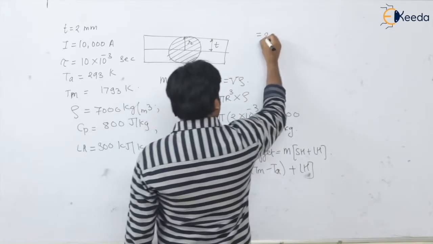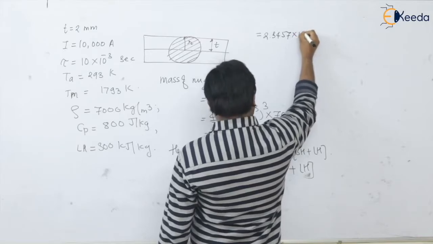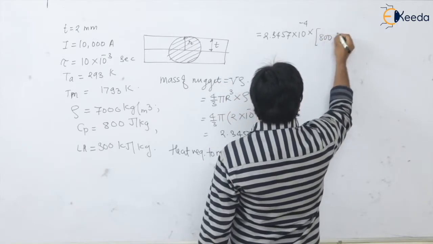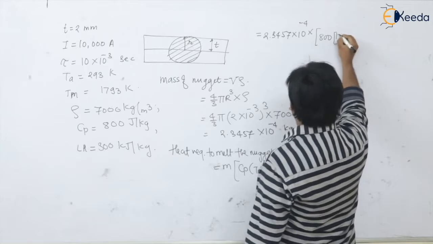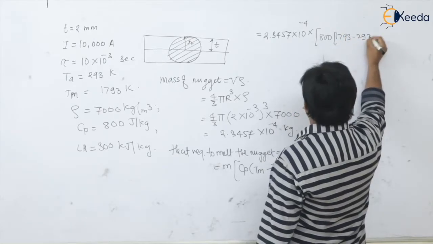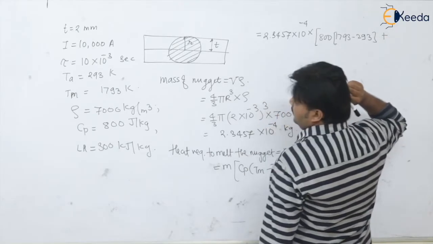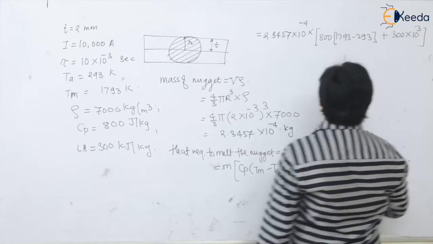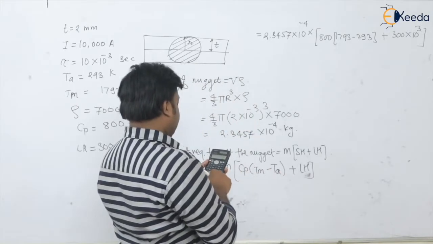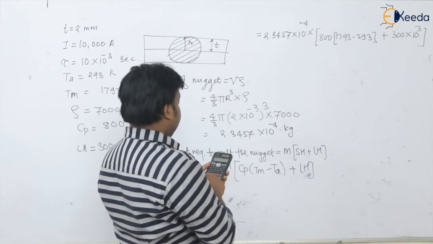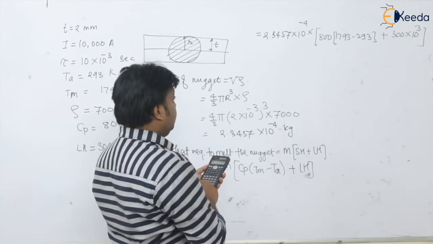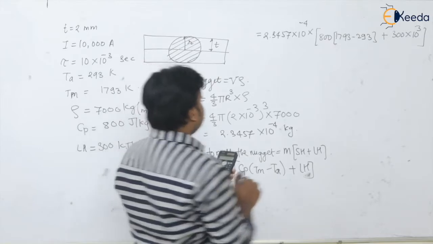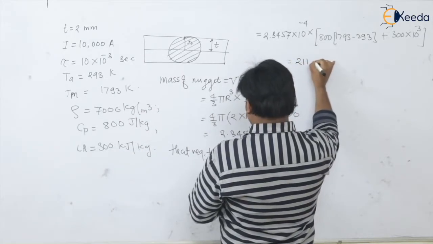Mass is 2.3457 into 10 to the power minus 4, into bracket Cp is 800 into T melting 1793 minus 293, plus latent heat 300 kilojoule per kg, that is 300 into 10 to the power 3. So it is 211.13 joule.